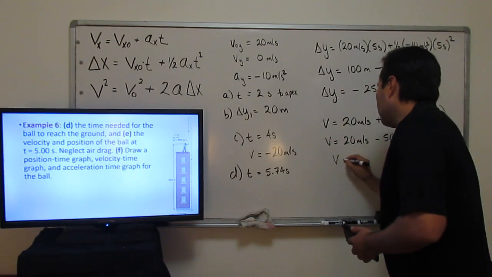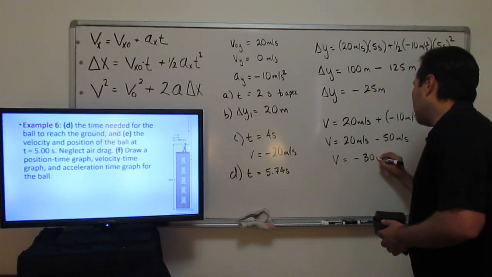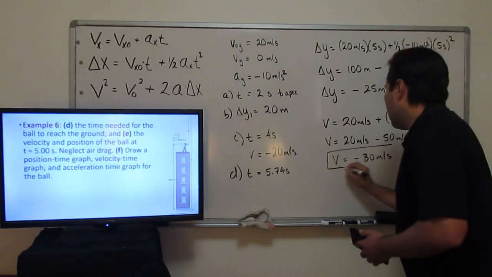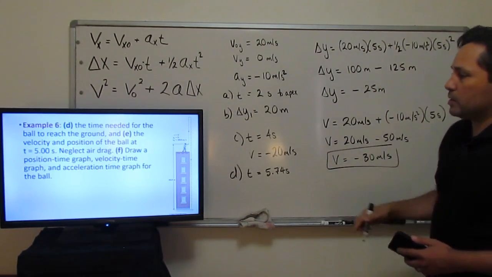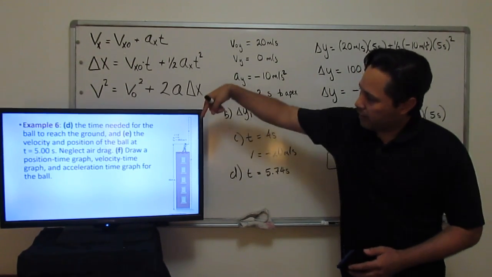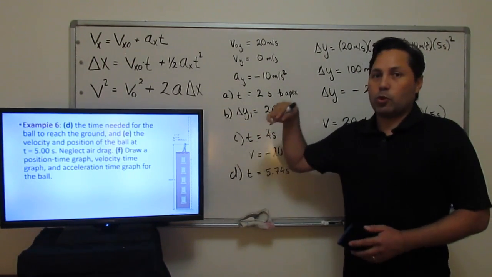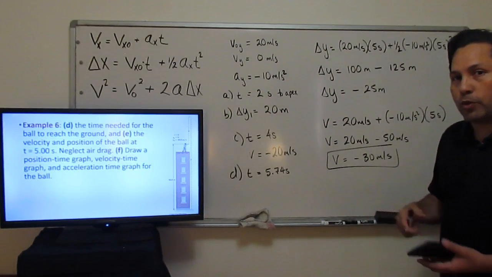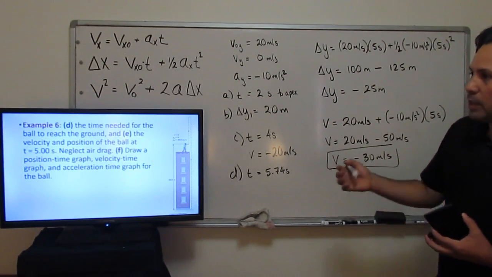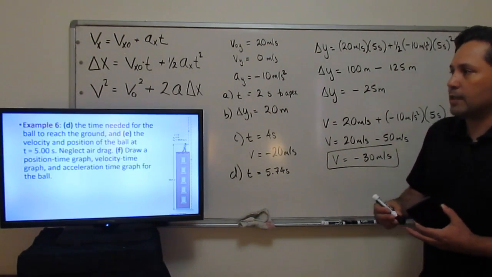So that's going to give us a velocity of negative 30 meters per second. And again, why negative? Because remember, at this point, it is traveling downwards, so that's why it has a negative value for the velocity. That takes care of part E.